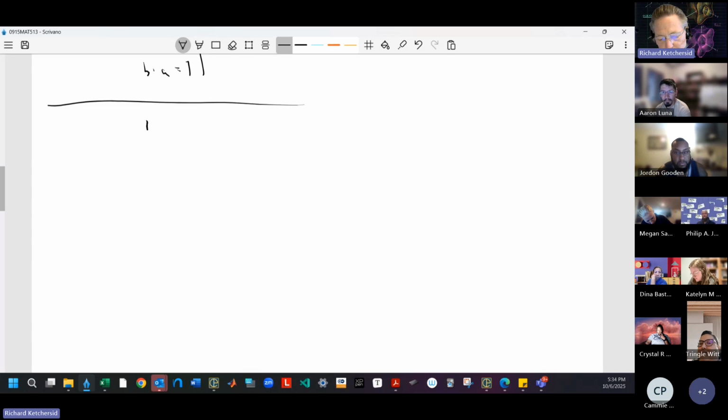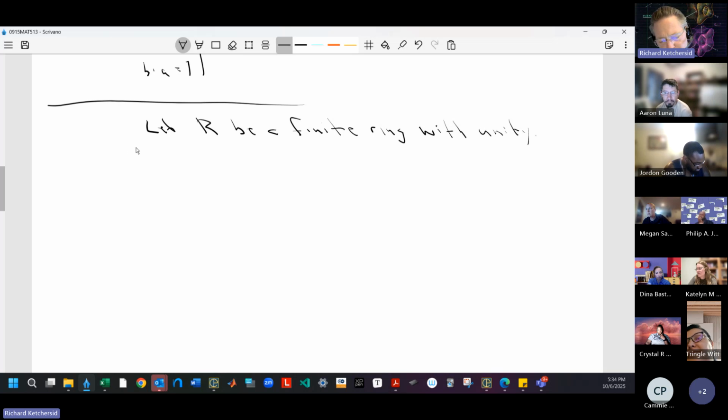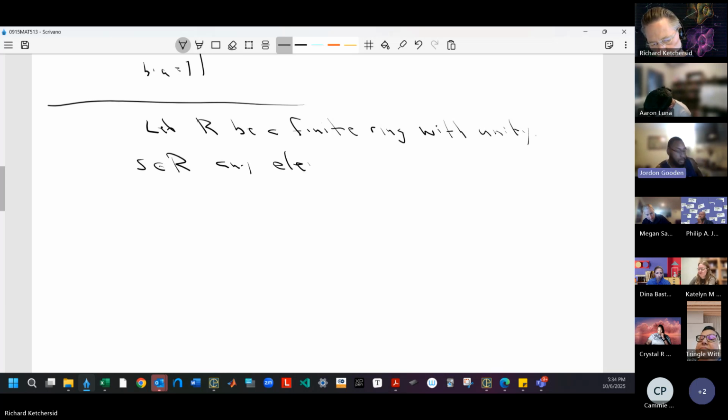Whoever did this problem did the following. Let R be a finite ring with unity. You don't need commutativity here. I think in the problem, commutativity was there too. Whoever did this problem can speak to that. So we can take S to be an element of R. Okay, I didn't know it had unity.